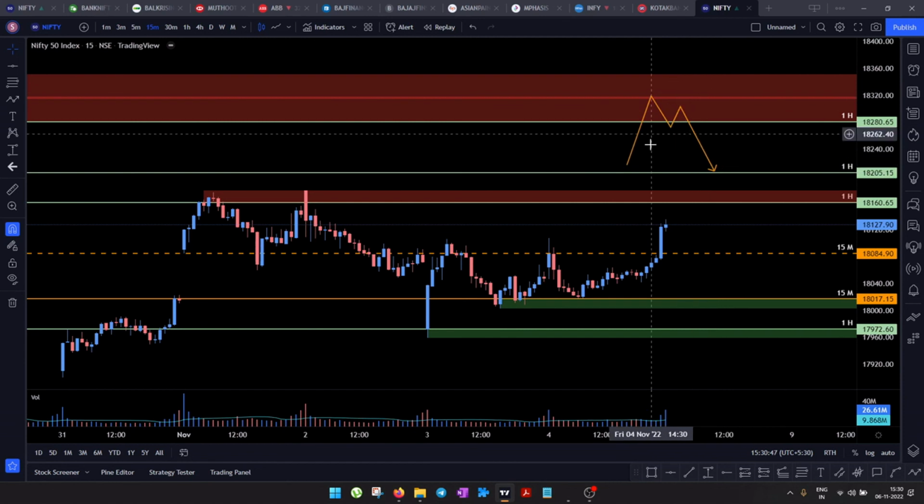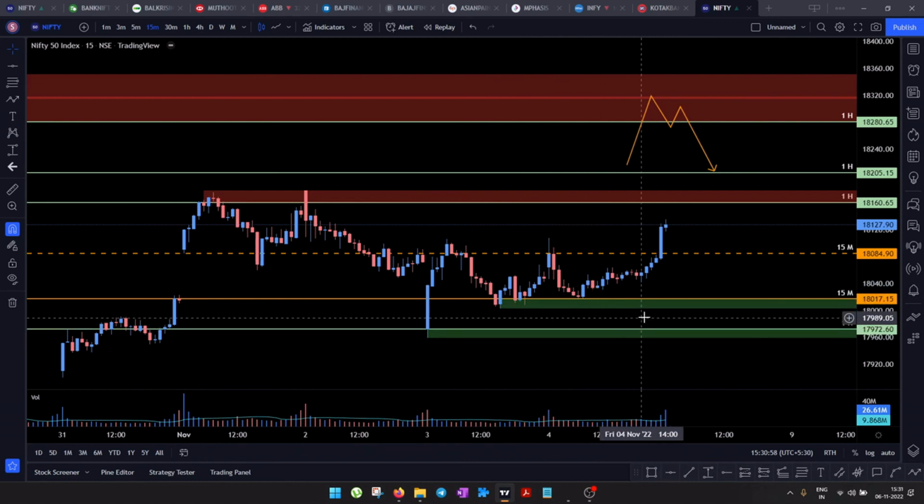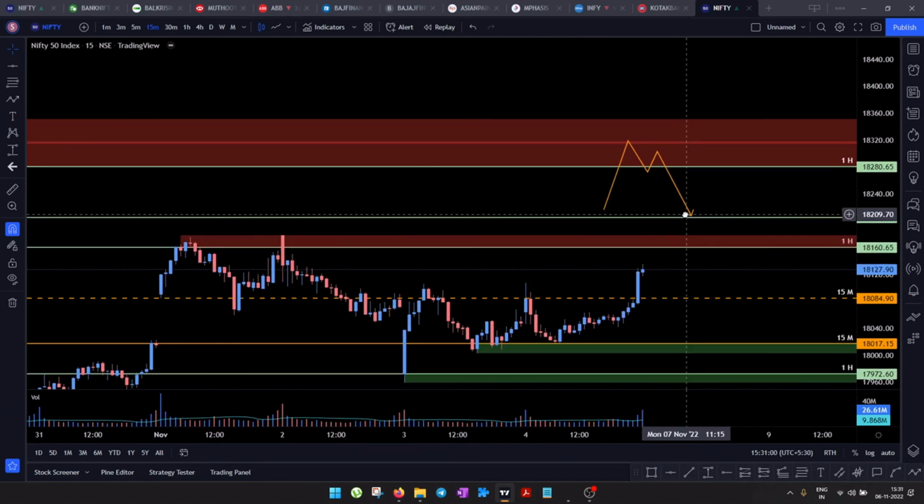But if this does not happen and the market keeps its strength and goes up, then I will go long from around these levels, right? 17,900 should not have a lot of value. 17,900, 18,000, 18,100, right? These puts I will short, and on the upside I will not do anything.